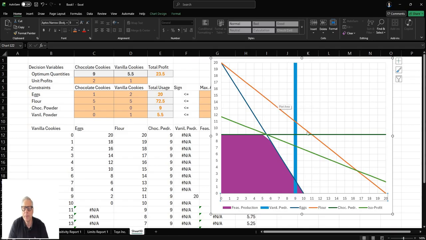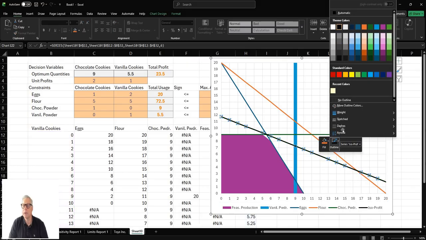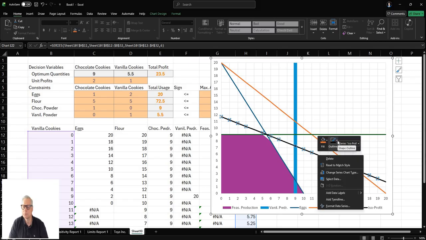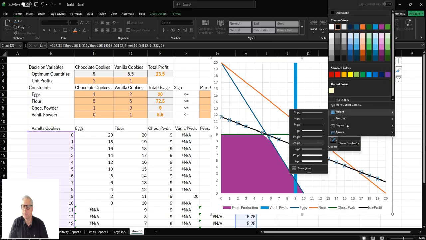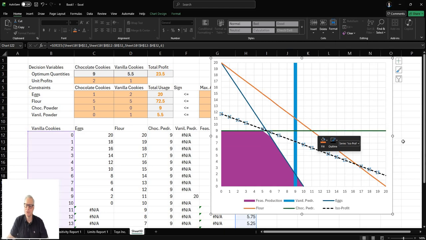And so what we have here is, let's take the ISO profit line and let's make that black and highlighted. Turn it into dashes.